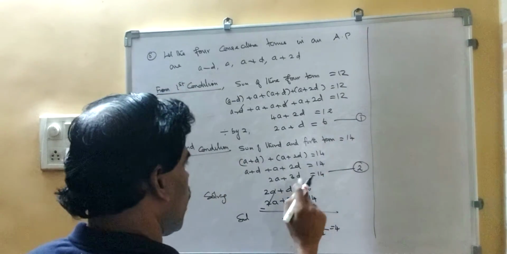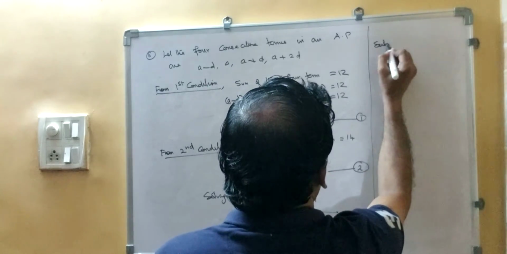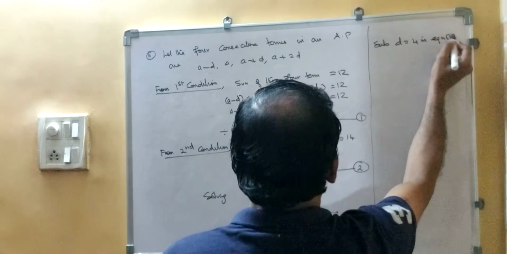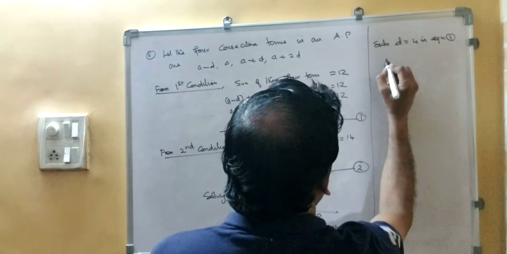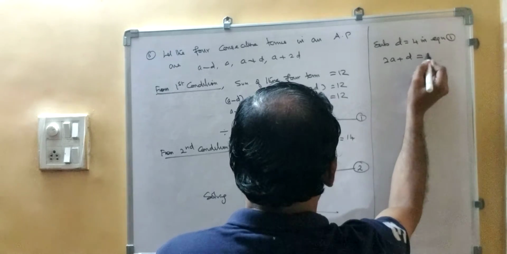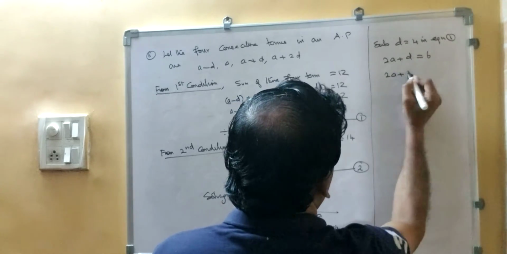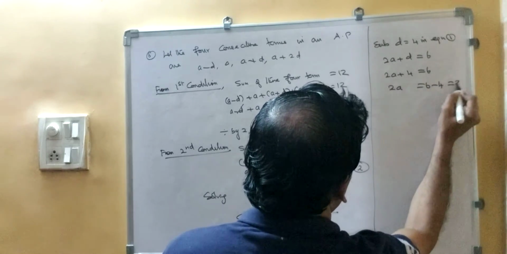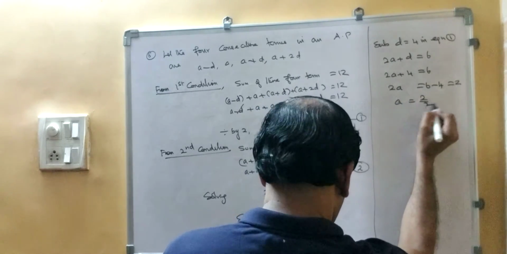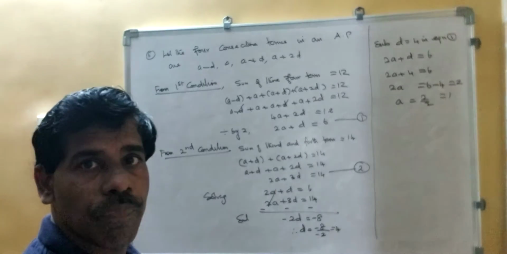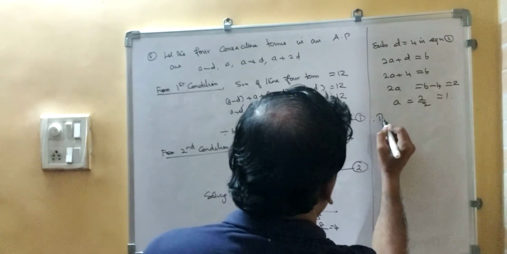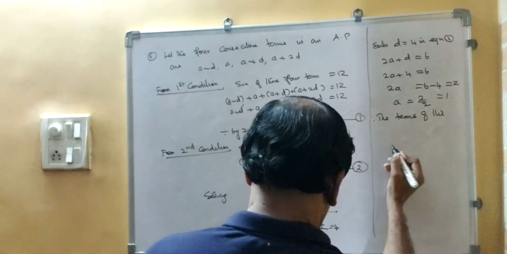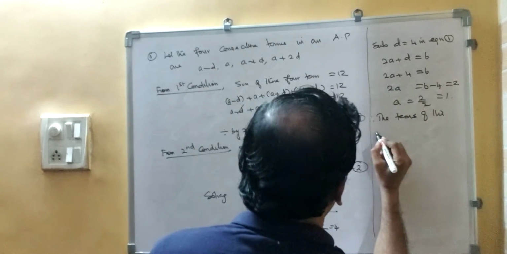Now we will substitute it in equation 1. Substituting D equal to 4 in equation 1. What is equation 1? 2A plus D equal to 6. So 2A plus 4 equal to 6. 2A equal to 6 minus 4 equal to 2. Therefore A equal to 2 upon 2 is equal to 1. Therefore the terms are, what is that?